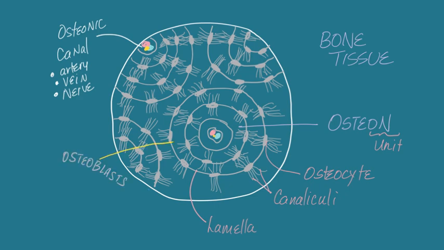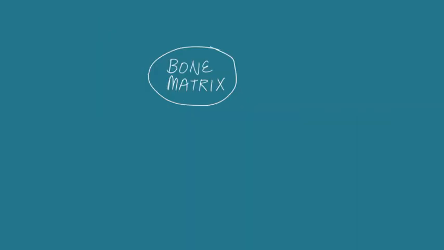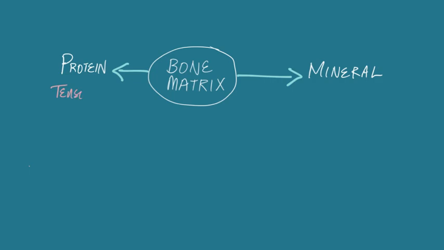Lining each osteonic canal are the osteoblasts. And the function of osteoblasts is to make bone matrix. So what does bone matrix contain? Bone matrix has two major elements, protein and mineral. The protein part of the bone matrix provides tensile strength to the bone.